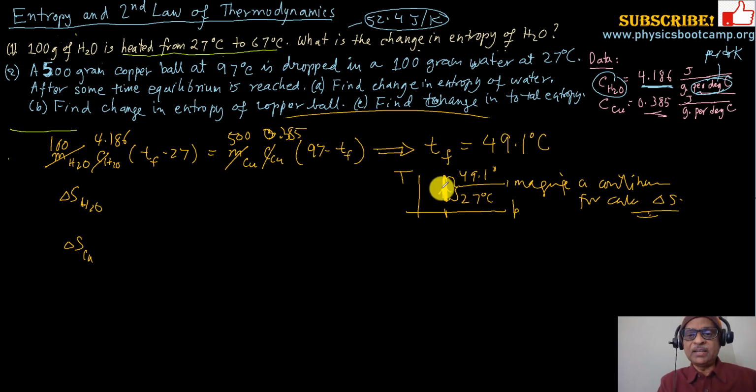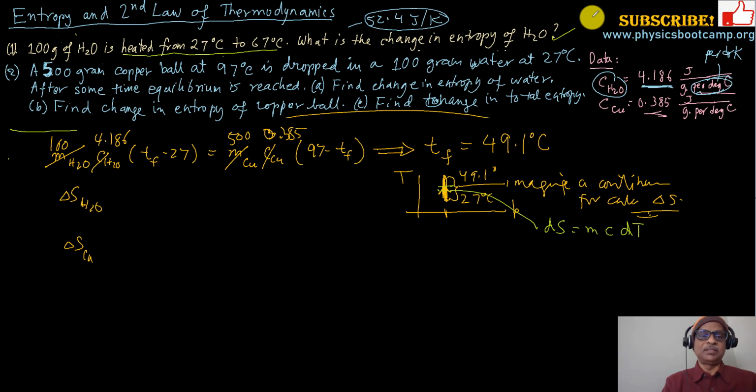And so when you do that, you can write delta S, ds on this process, it will just give mc dT. And so it's the same as what we did over here. So this will simply be mc log T final over T initial, and this has to be in Kelvin.